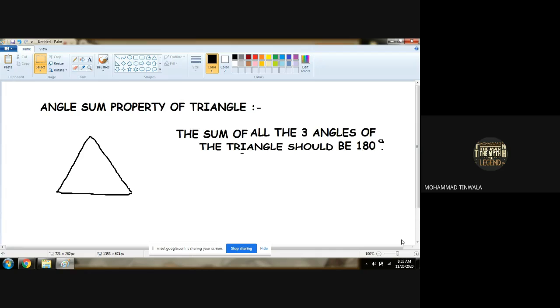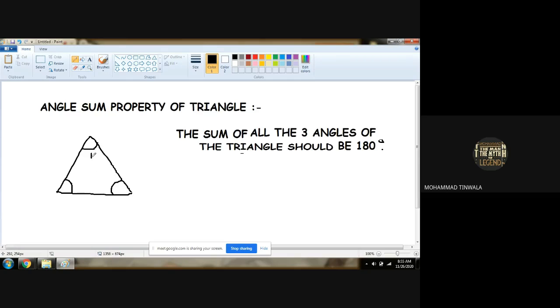So what is the content? The content is that the angle sum property should be like this. The questions will be like this. For example, this is angle number 1, angle number 2, and angle number 3.